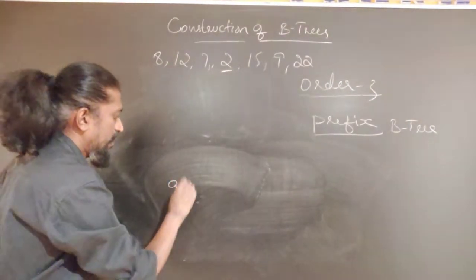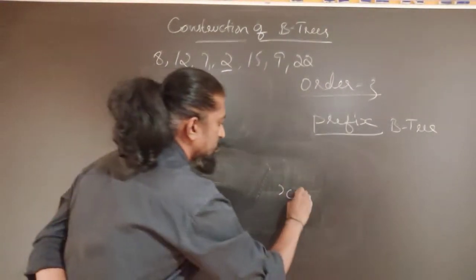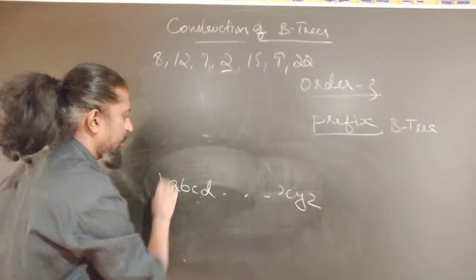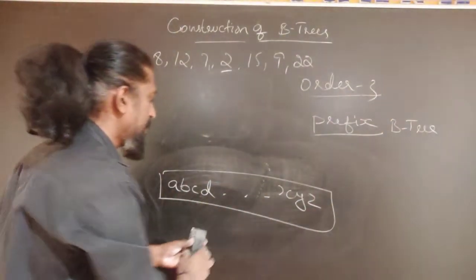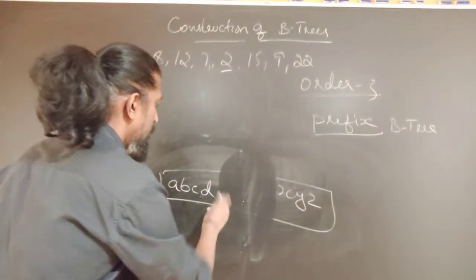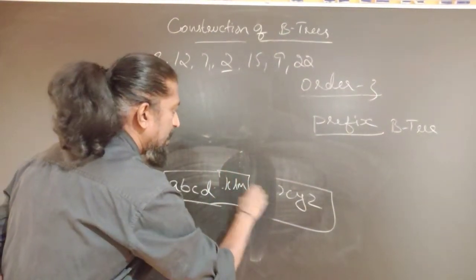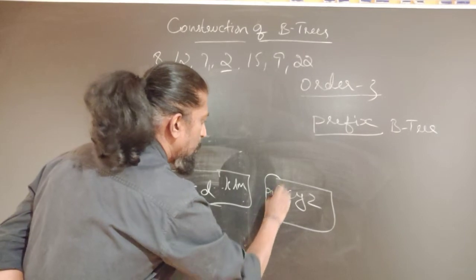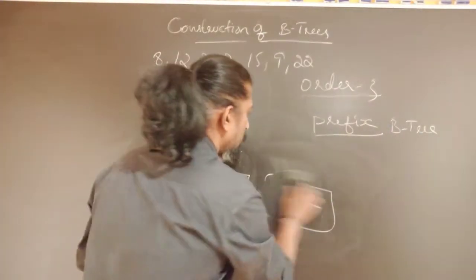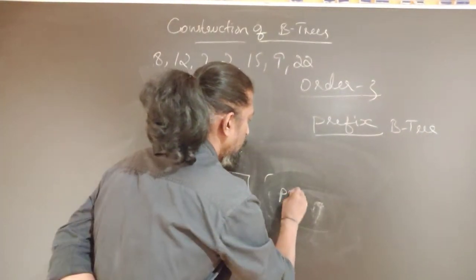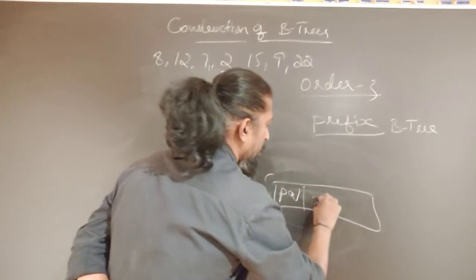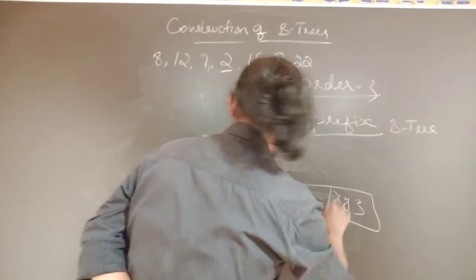Let us take ABCD and XYZ as the first and the last keys. When we split, here the last key is KLM, and here the first key is PQ. PQ is the first key, XYZ is the last key.